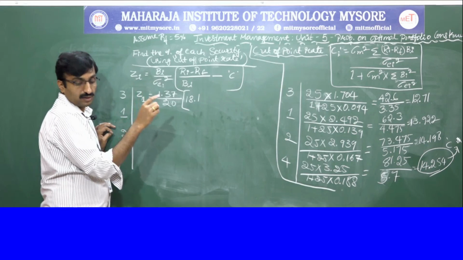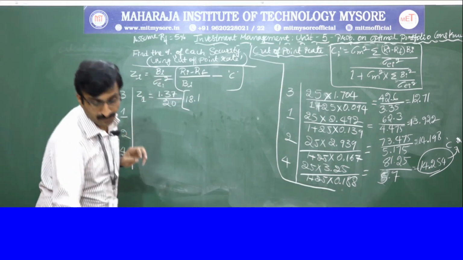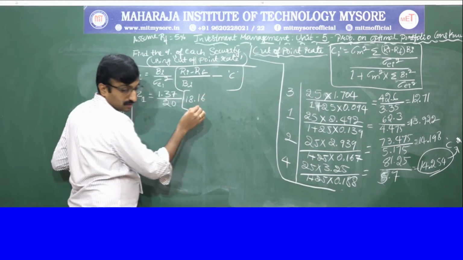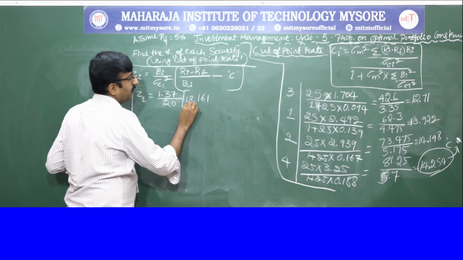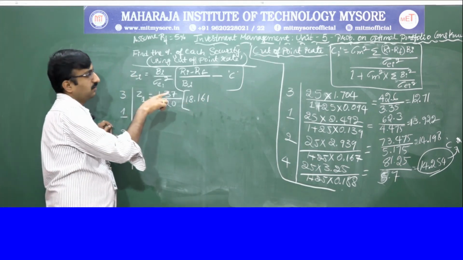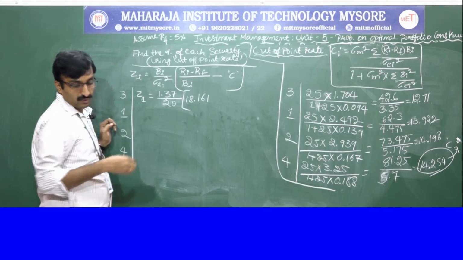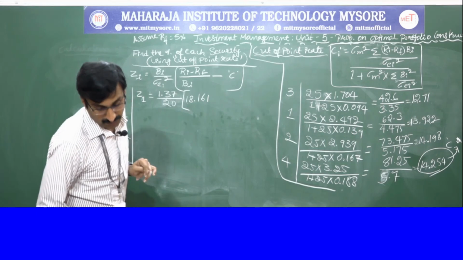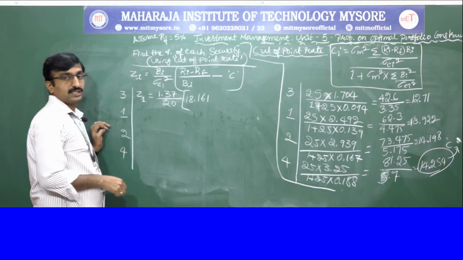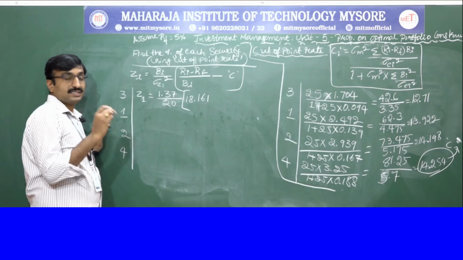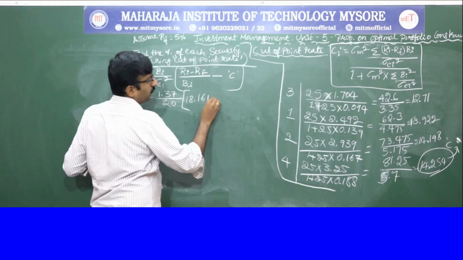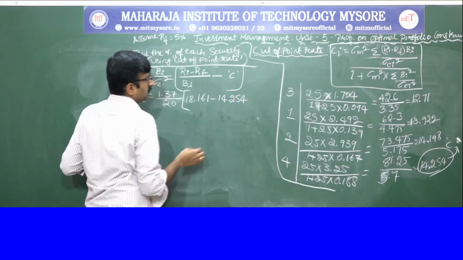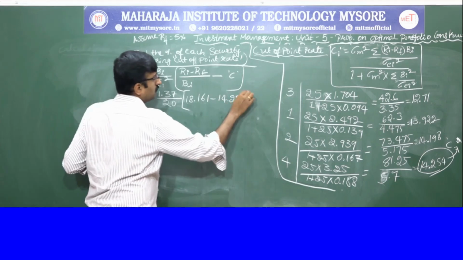Go back to the previous table, we got 18.161. 18.161 divided by Bi, you will get 18.161. Minus C. C's cutoff rate is how much? 14.254.